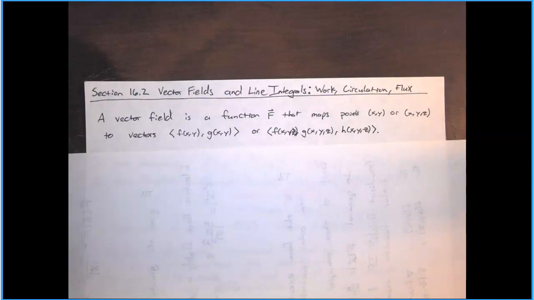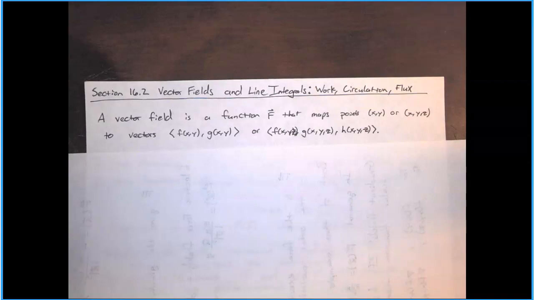In chapter 13, we talked about vector functions of a single variable, where you have some parameter t. That's the input, and the output is a vector. Well, vector fields are kind of like multivariable vector functions. So the input are points, so now not a single parameter, but points (x, y) or (x, y, z) or however many coordinates you have, and the output is a vector.